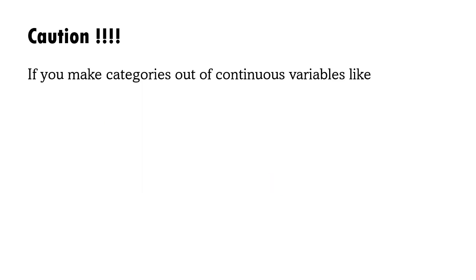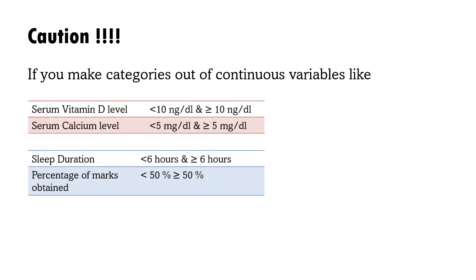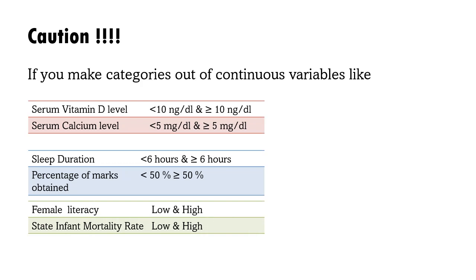So many times it is needed that you have to make categories out of these continuous variable to study the association between these two variables. So if you are making categories, like in this case, of vitamin D level, less than 10 nanogram per deciliter and more than 10 nanogram per deciliter.